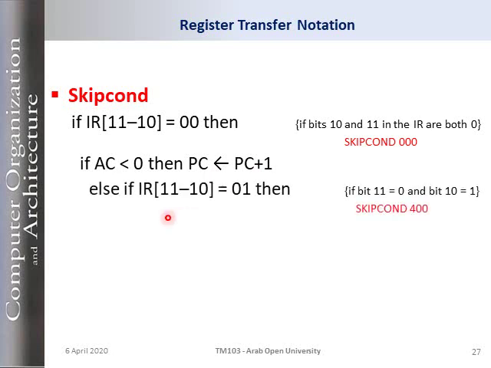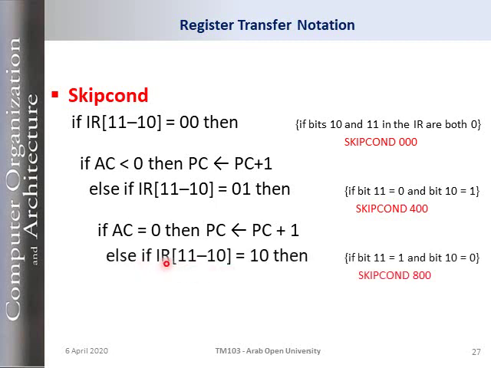Else, if bits 10 and 11 of the instruction register are 1, 0, this is skip condition 400. Our condition is if the accumulator is equal to 0. If this is true, we will add 1 to the program counter and store it in the program counter, so we will skip the next instruction. If it's false, we'll not do anything.